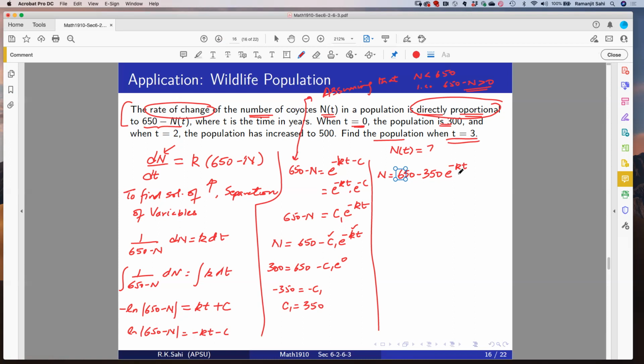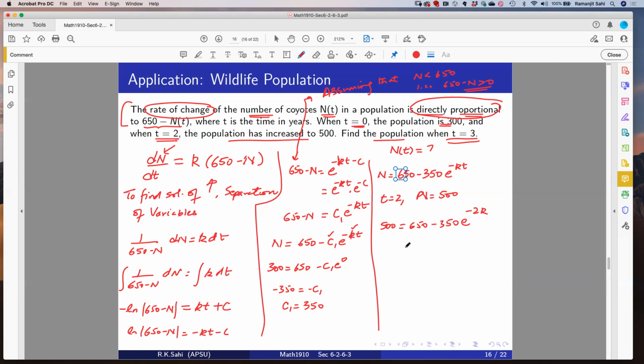Now to find this k, what are we given? The time is 2 years, the population increases to 500. So when t is 2, the n, that is the number of coyotes, is 500. So we're going to say this is 500 equals 650 minus 350 e to the power negative 2k.